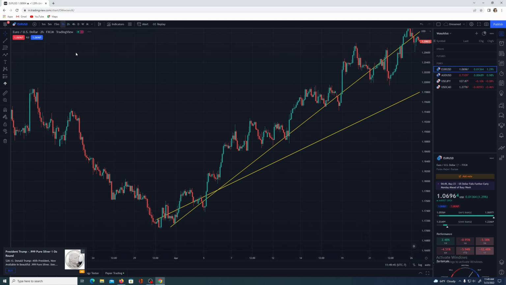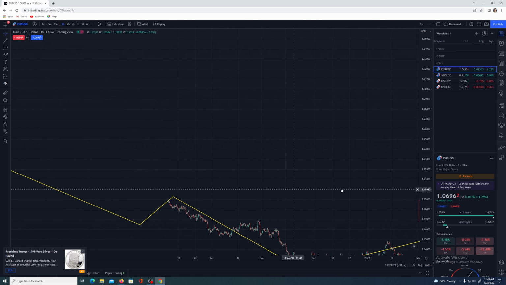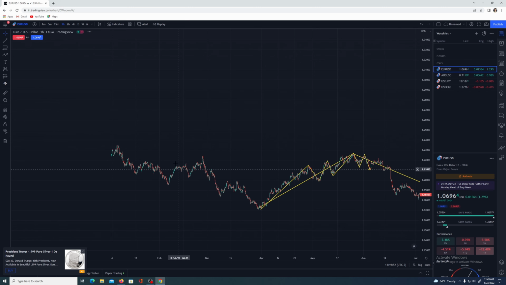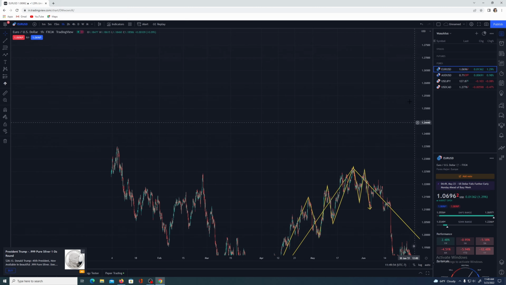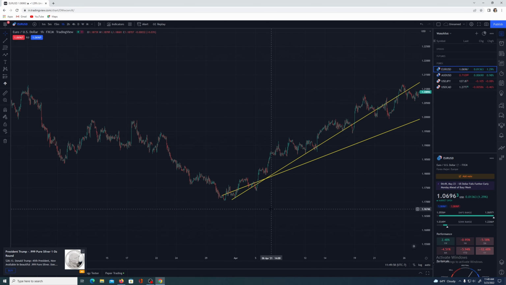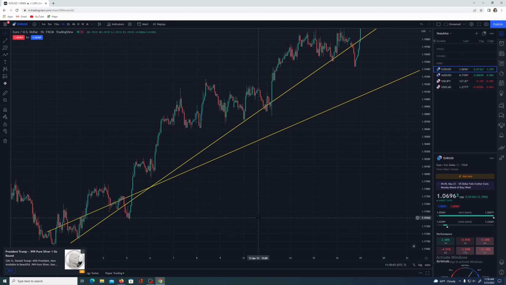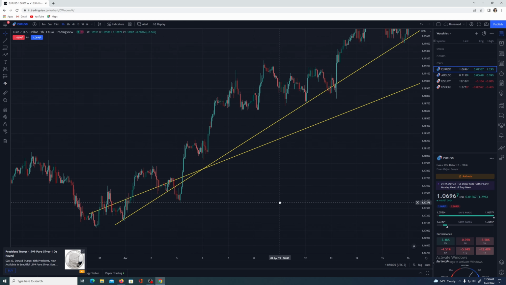But then even if we go to the 1 hour, and we go back to the same last run, which was this one. Now on the 1 hour, I think we can see the inner structure even more clearly, right?